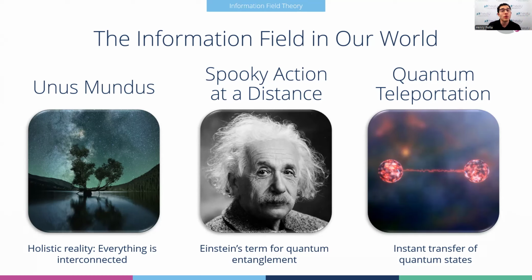So once again, we're going to be taking advantage of that global interconnectedness, as we explained before, with unus mundus, right? So the way that this quantum entanglement actually occurs and we are able to take information from one place to another is through quantum teleportation, which once again, is a phenomenon that has already been studied and reproduced.